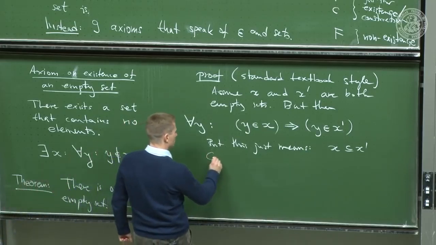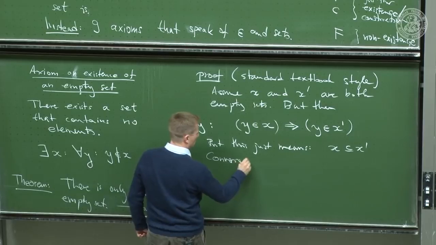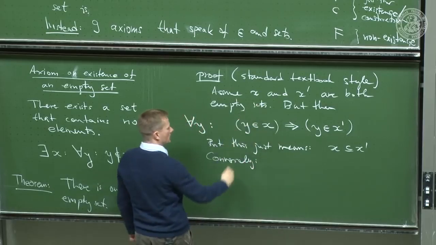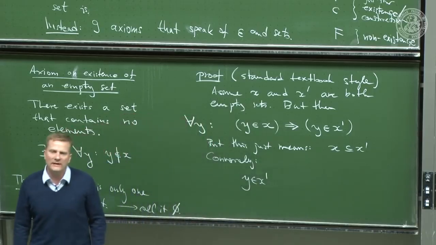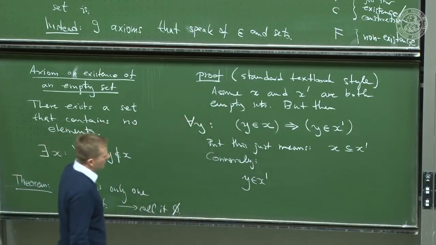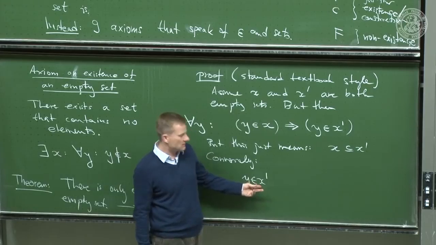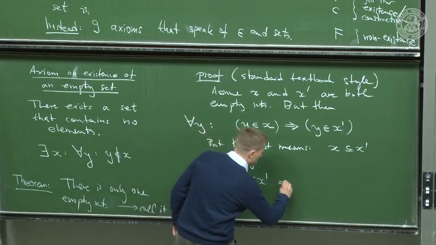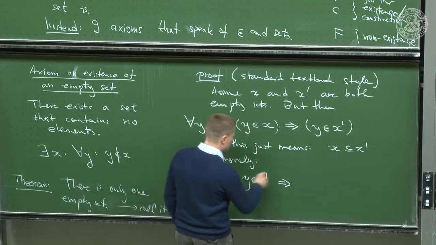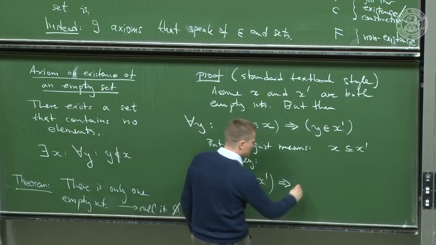Conversely, same argument, I can write down y an element of x prime, and this is always false. Why? Well, because x prime is an empty set. For an empty set, y in x prime is always false. If this is always false, I can write an implication arrow and write down another proposition of my choosing.